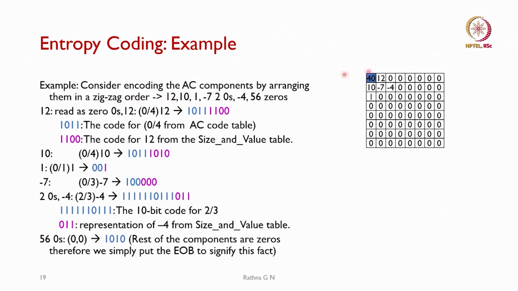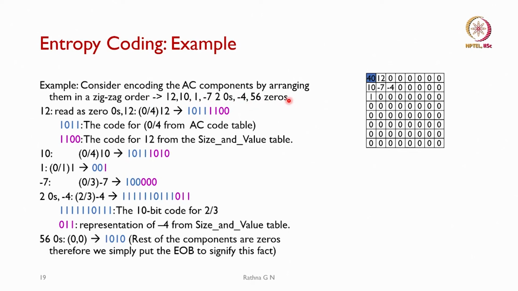As you see, only these few coefficients have values, and the rest of them are zeros. In zigzag order, it is 12, 10, 1, -7, 2 and then zeros. Then -4, after which you send 56 zeros.